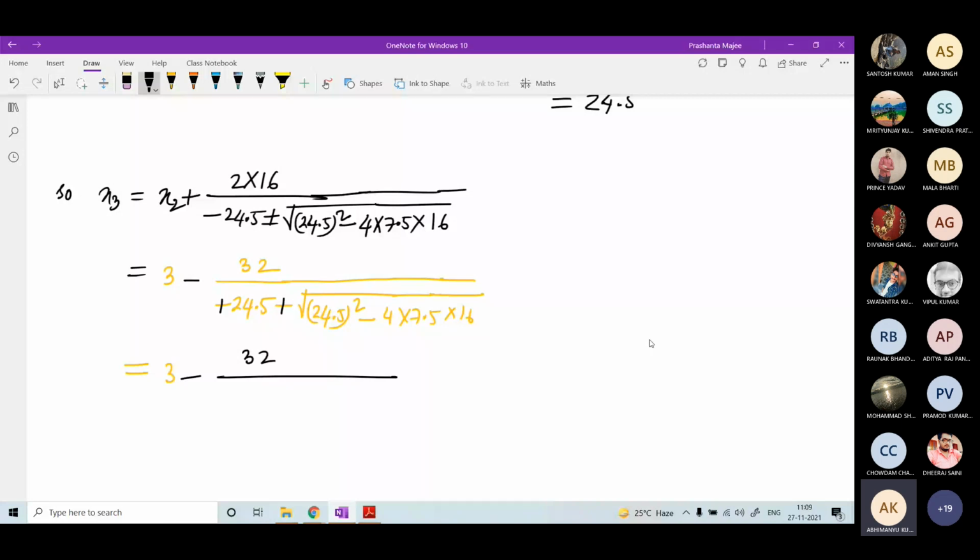Sir, 2.33319. So it is coming 2.33319. So this is the next approximate root according to you, is it not? Yes, sir. Okay. So this is the next approximate root.